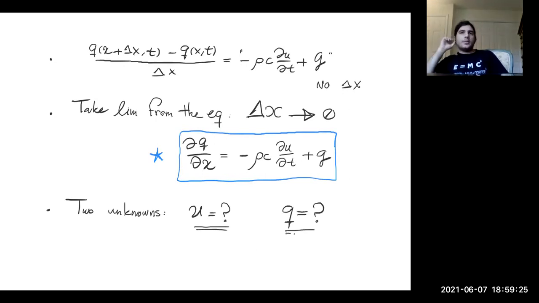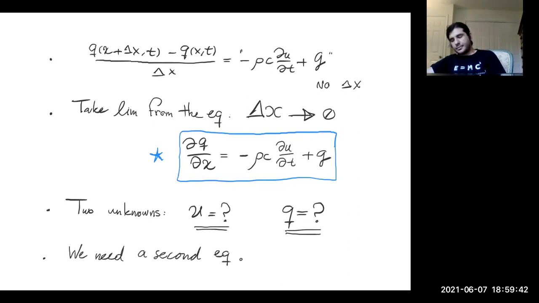And having one equation and two unknowns, it's not really possible to solve. So we need a second equation. So what is this second equation which we are looking for?